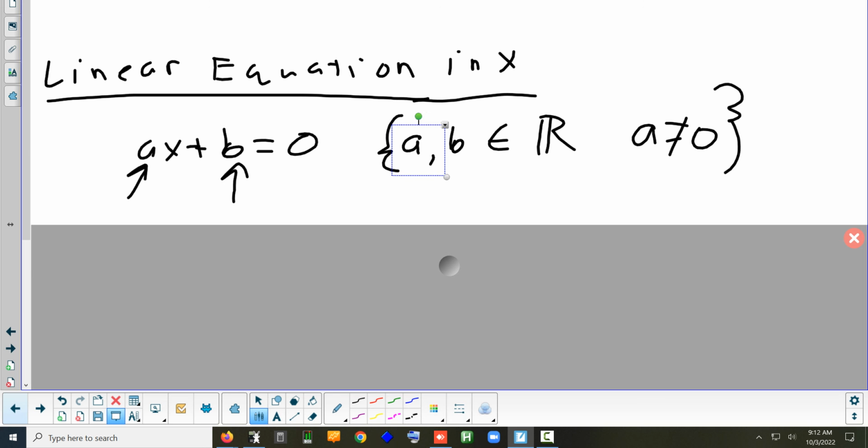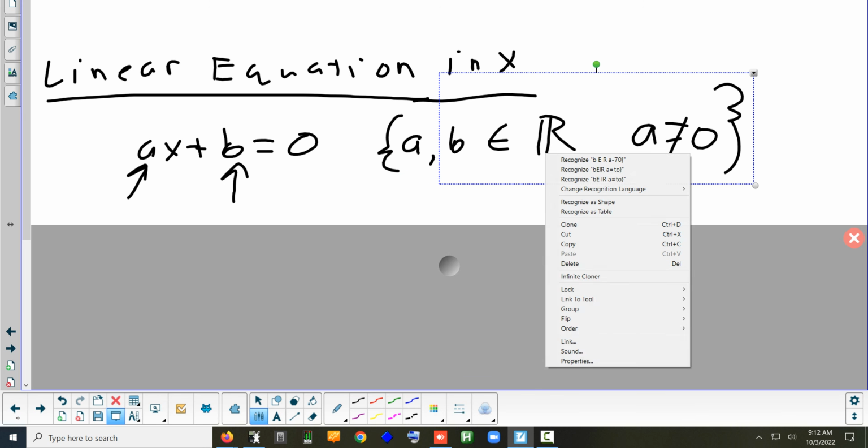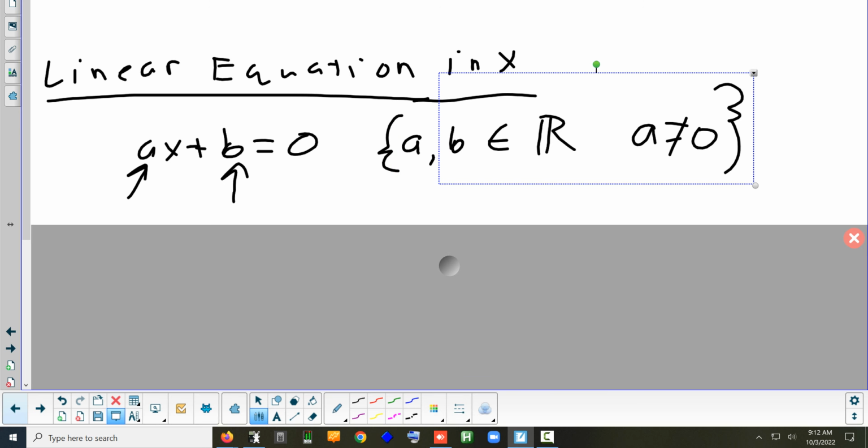This is saying that a and b are elements of the real numbers. A and b can be any real number, except a cannot be 0. Because to be a linear equation, you have to have an x in it. If you let a equal 0, 0 times x is 0, you just wiped it out. That's why a cannot be 0.